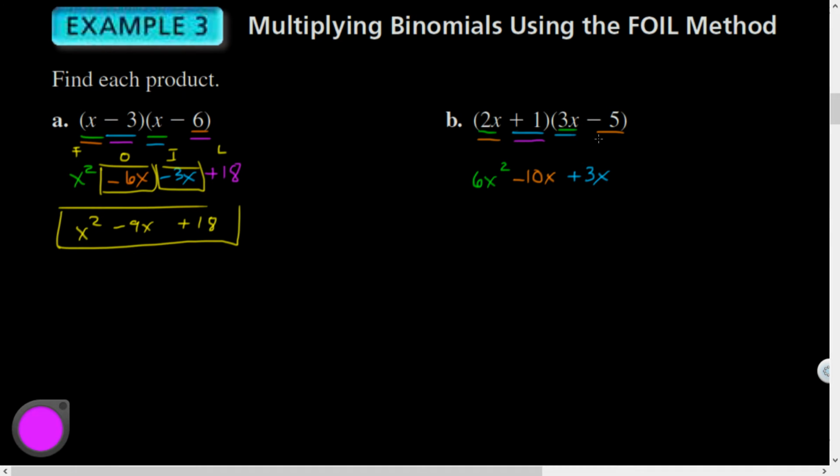So the 1 and the negative 5 are the lasts. And then let's just combine like terms. So 6x squared, all right. Negative 10x and 3x is negative 7x, and then the minus 5. Right, because I combined those guys.